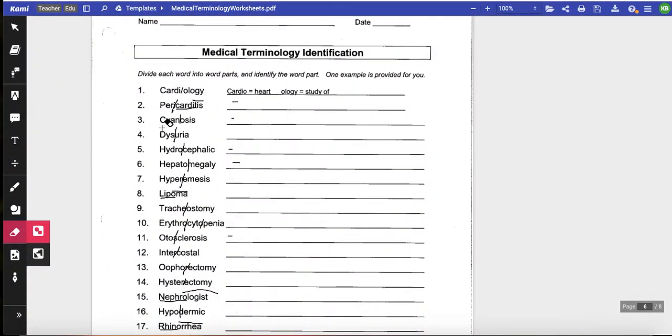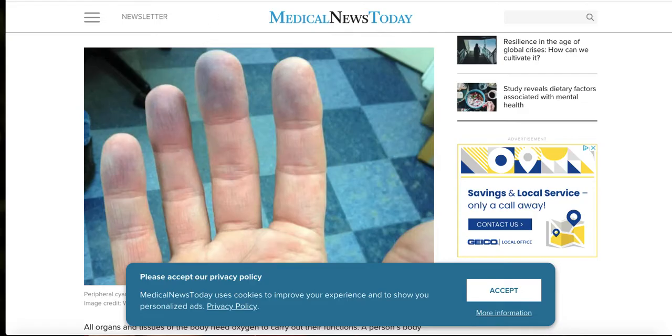Dysuria. Dys meaning difficult or painful, and ura meaning urination. Hydrocephalic. Hydro meaning water, cephalic, well, it's really cephal meaning head. In order to explain this, I do have a diagram for you because it just makes more sense to see it.